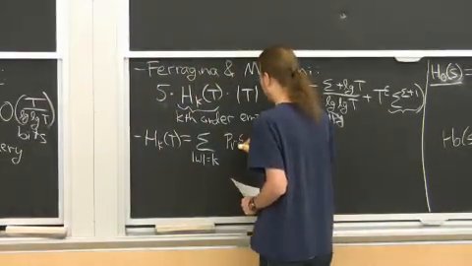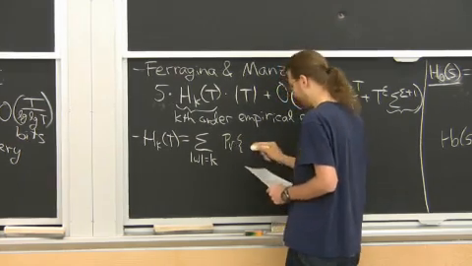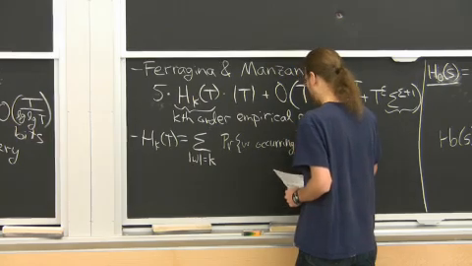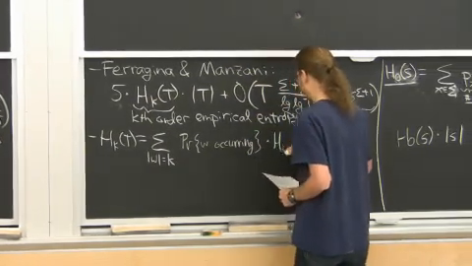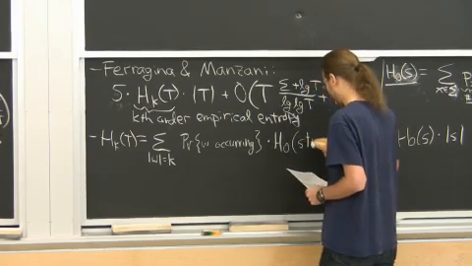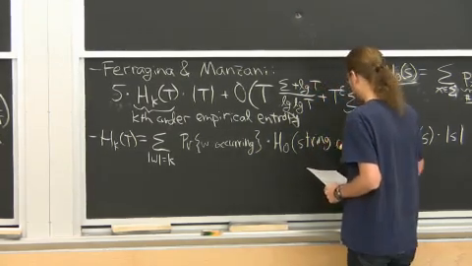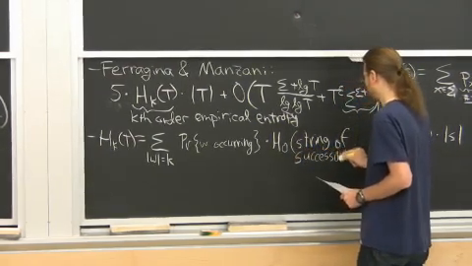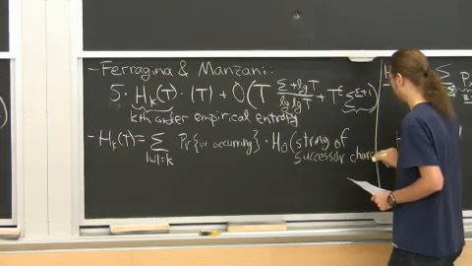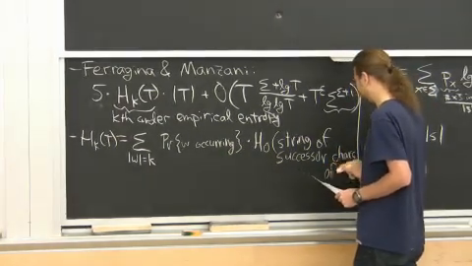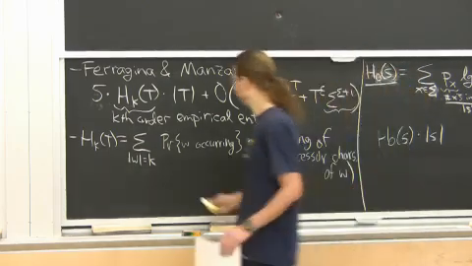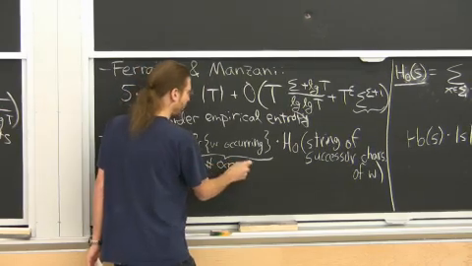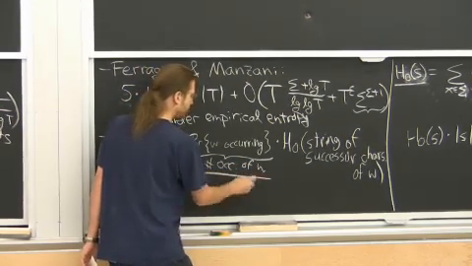The probability, or empirical probability, of W occurring, times the 0th order entropy of the string of successor characters of W. Again, the empirical probability of W occurring is the number of occurrences of W divided by T, basically.